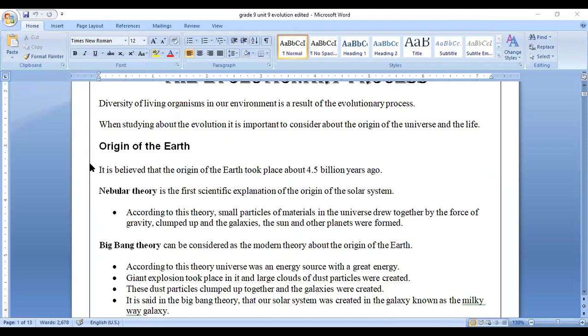This Earth, we believe, originated how many billion years ago? 4.5 billion. 4.5 billion years ago. Take your highlighter and highlight that point. 4.5 billion years ago.